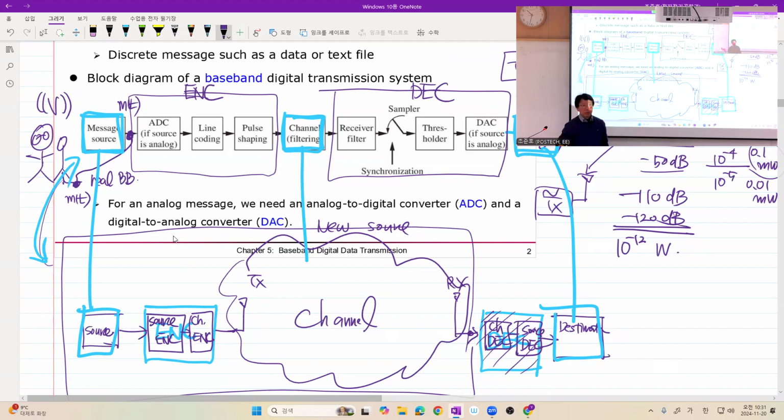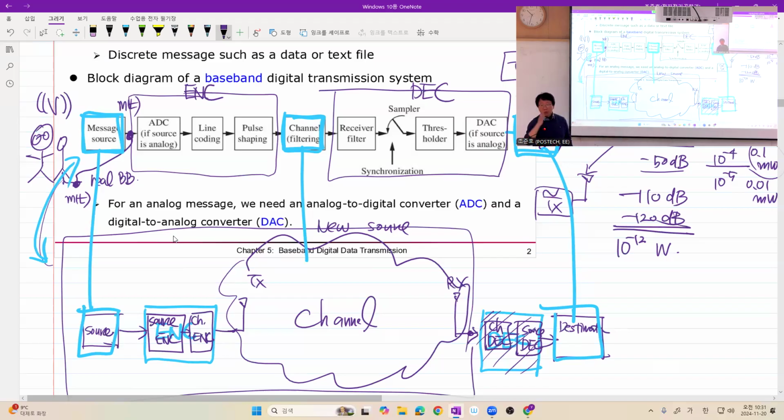That situation is so important that you may see a lot of transmitters that have source encoder and channel encoder separately, and receivers that have channel decoder and source decoder separately.